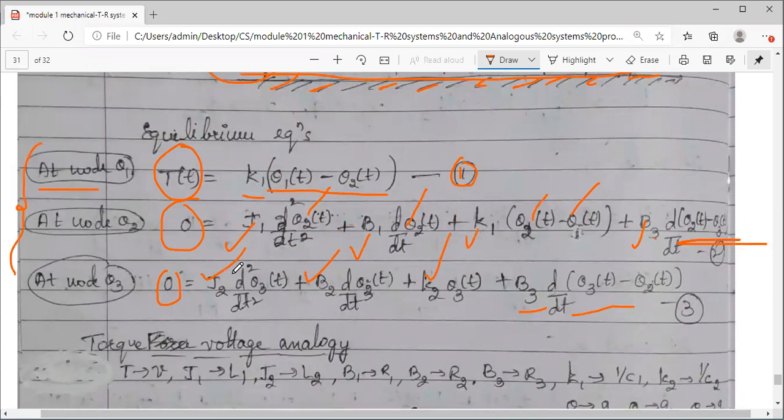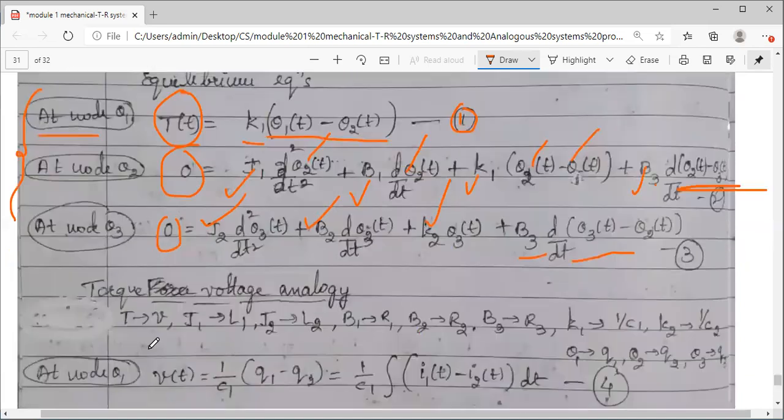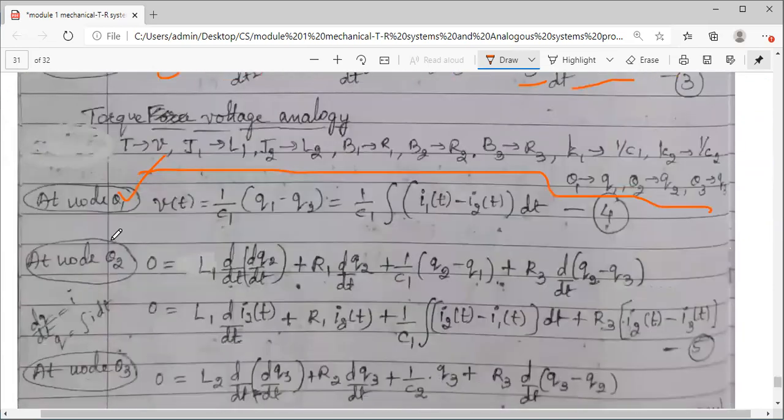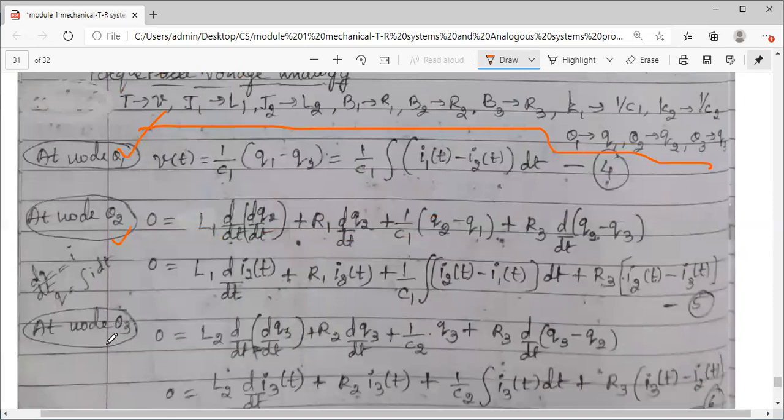Now for the torque voltage analogy, what I have done is first write the analogous quantities for my reference. You can list this. Then for these 3 nodes, the first, second and third equation, analogously replacing every quantity, I have written the equations for theta 1, theta 2 and theta 3.